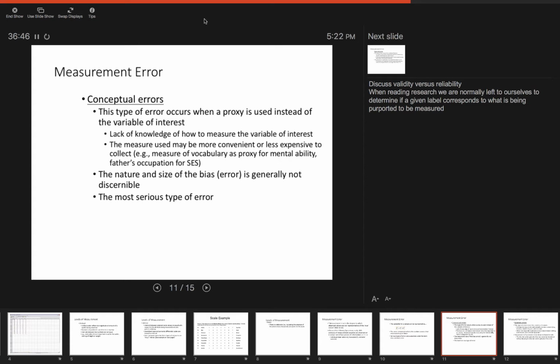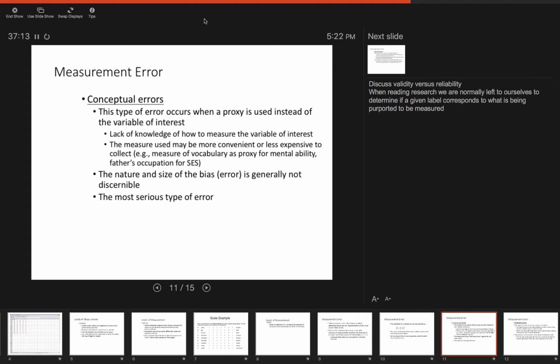So conceptually we're not actually getting socioeconomic status. We're using some proxy to get at that. That is problematic. We probably don't know the size of the error. It's unknown, or which direction. If we did, we probably would make the changes, right?